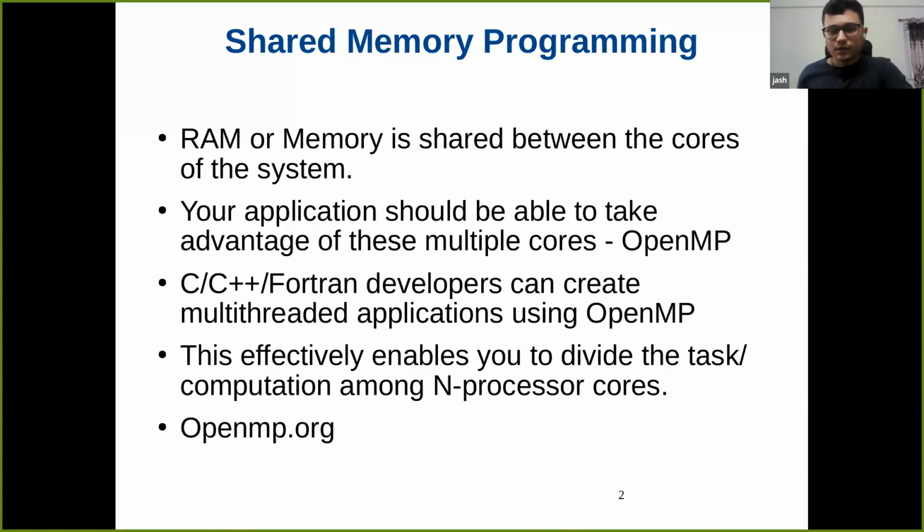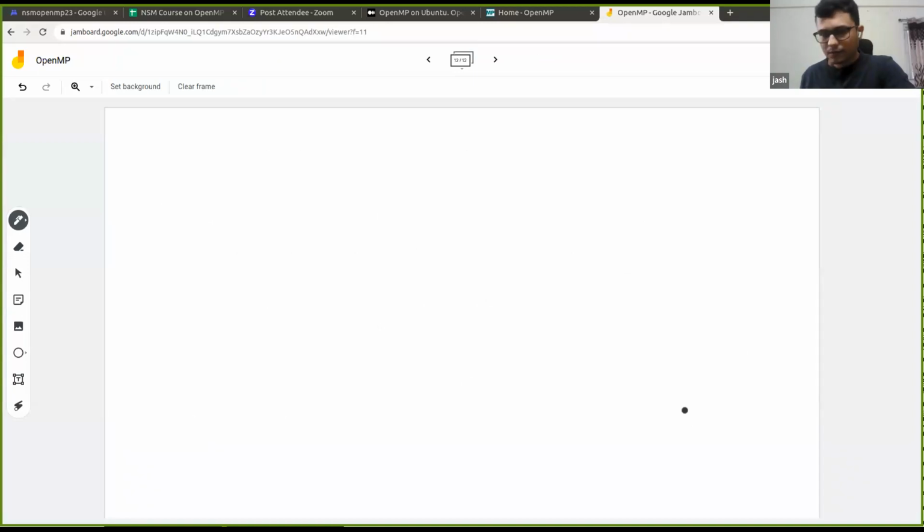So what do I mean by that? Let us go back to our whiteboard and see what I'm trying to say. Give me a minute, I'll share my whiteboard. I hope the whiteboard is visible.